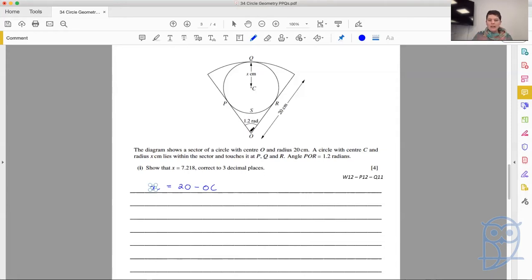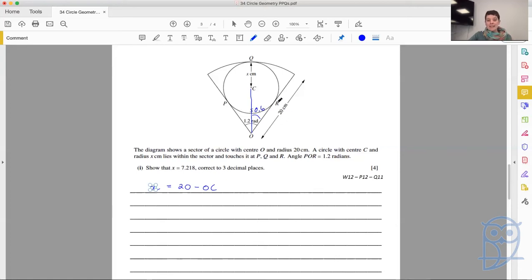But now how do we get OC? So if we draw in a nice little OC line, we now know this angle would be exactly in half because we've got a beautiful circle going on, so 0.6. How does that help us get X? It's that wonderful relationship of a tangent and a radius.